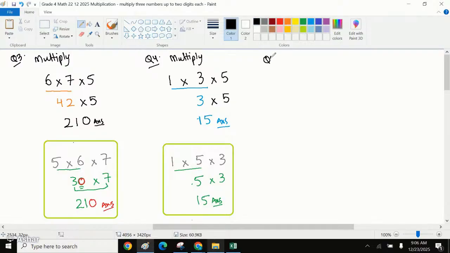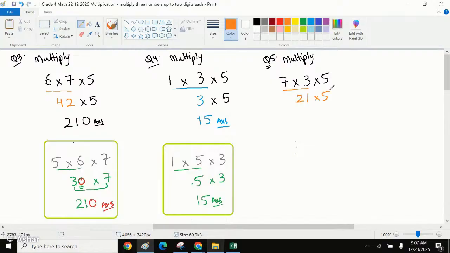Okay, question number 5. It says, multiply 7 multiplied by 3, multiplied by 5. 7 times 3 is 21. Multiplied by 5. What is 21 multiplied by 5? Can anyone give the answer?